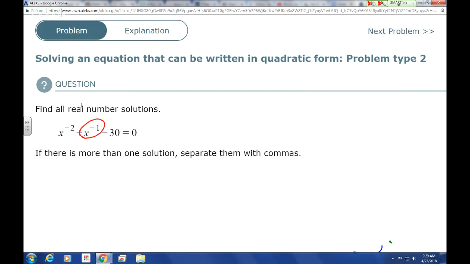So I go off to the side and write x to the -1 is going to equal whatever we're dealing with. Then I rewrite this as x squared plus x minus 30 equals 0. I get my answers, and then I've got to plug them into this. Anyone know how to get rid of a -1 in the exponent? To get rid of a -1 in the exponent, we're going to raise it to a -1, because -1 and a -1 is what? So when we're finished here, we're going to raise this to a -1, and the other side too.